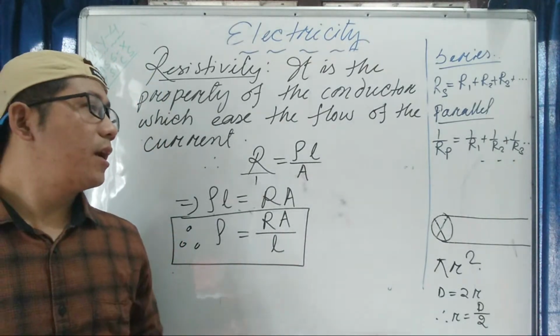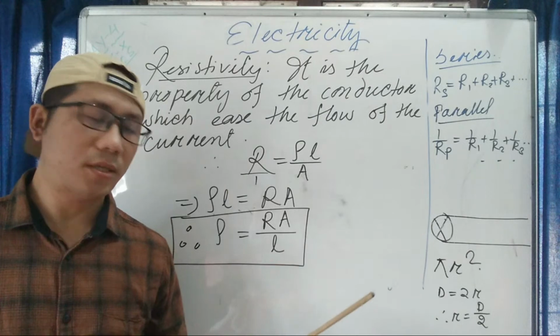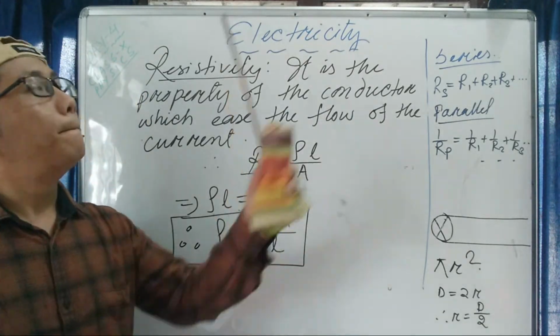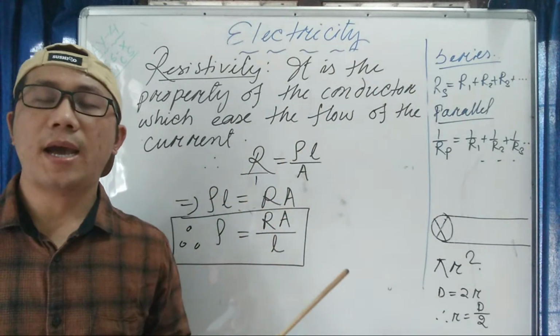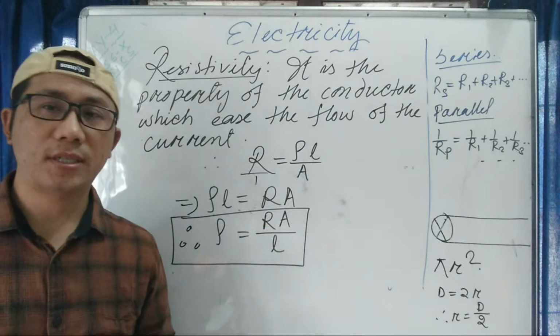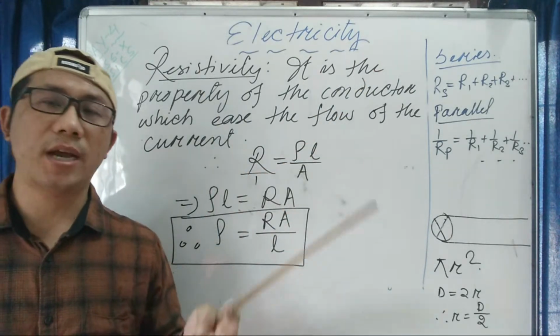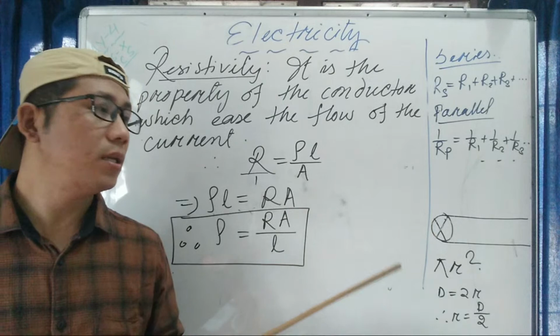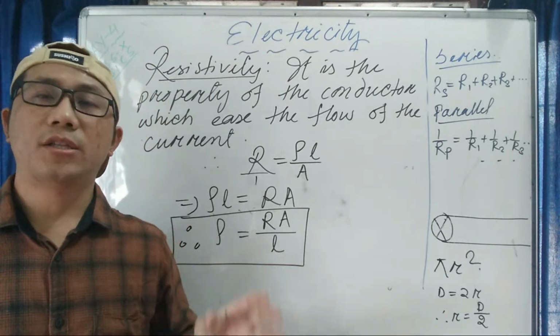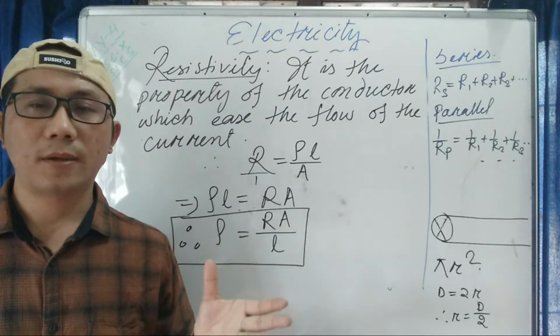Here, as I told you, resistance opposes the flow of the current and converts this current into heat energy, just like a bulb or a fan or any electrical appliance. When it works through the current, due to its resistance it develops heat.